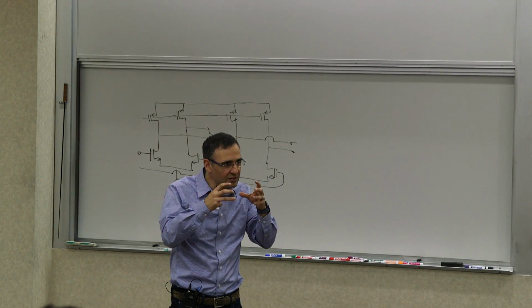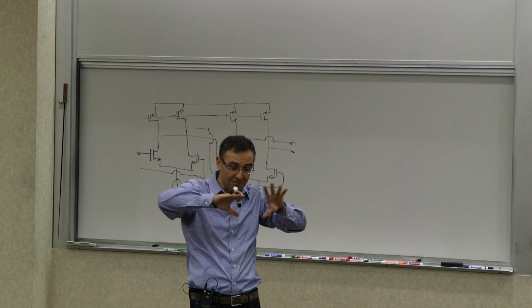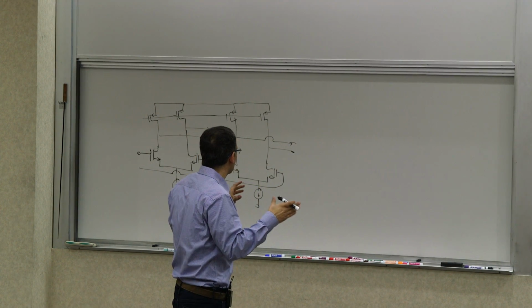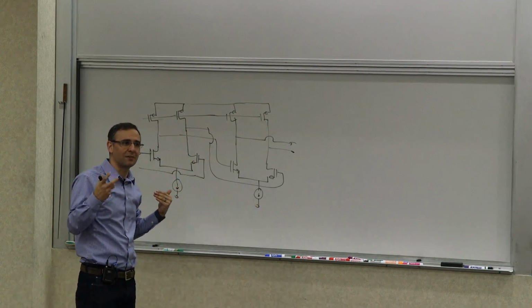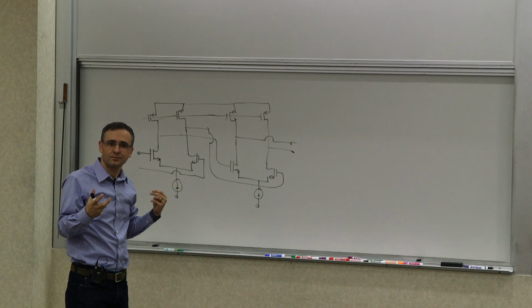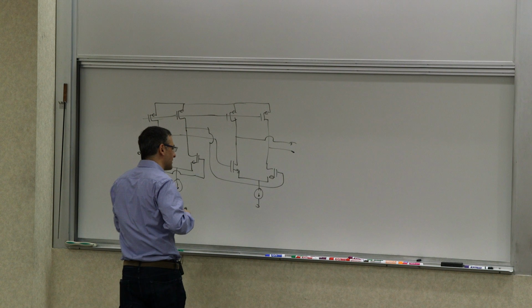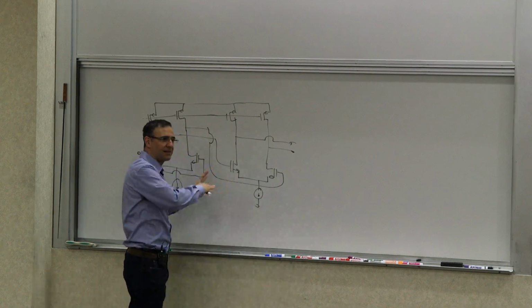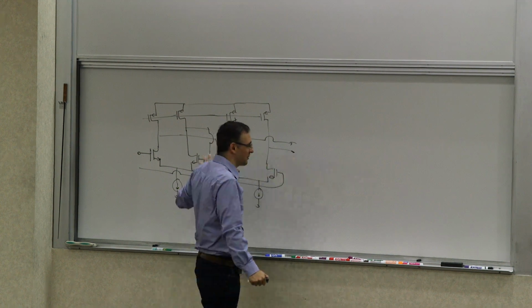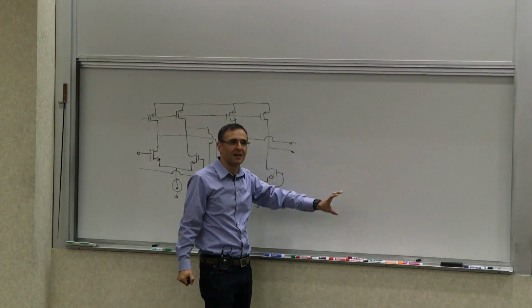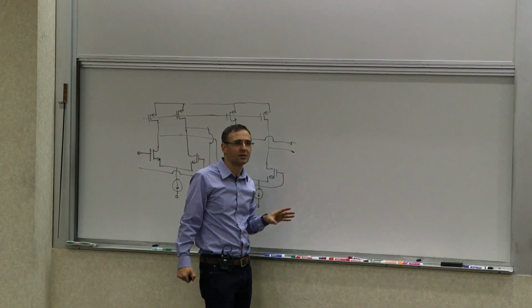But since you understand the underlying principles, you can get past this seemingly very different surface and get to the crux of it, which is that these things are essentially based on the same fundamental stage. Does it make sense? We will develop more and more of these biasing techniques as we go, and we'll make them better and better. By the end, we'll be able to replace all of these little non-ideal elements with things that are based on transistors and make them work. Okay, any questions?